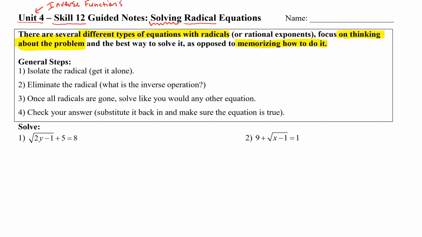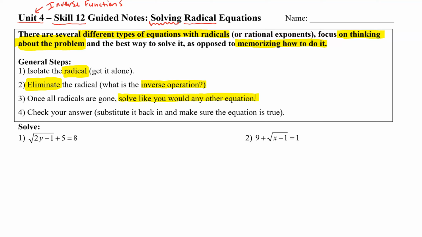Now, I have a set of general steps, guidelines that typically work most of the time, and that give you the big picture. So usually we're trying to isolate the radical in order to get the variable outside of the radical, and then eventually we want to eliminate it by using the inverse operation. Once all the radicals are gone, we basically just want to solve for the variable.